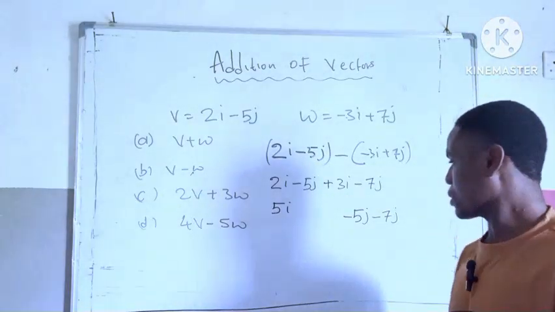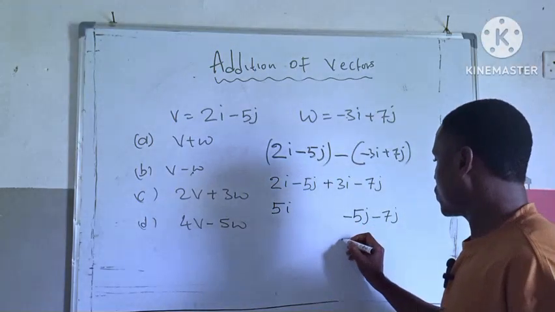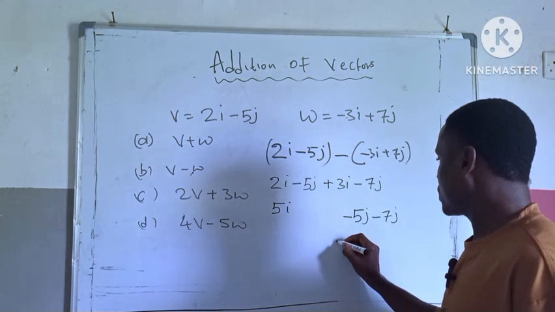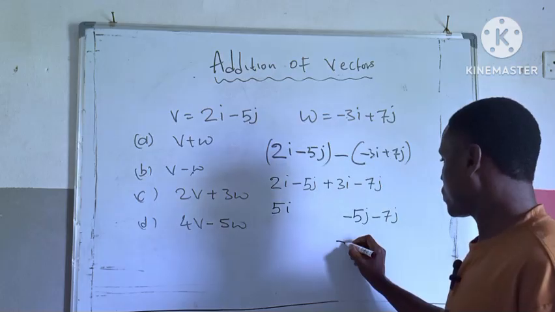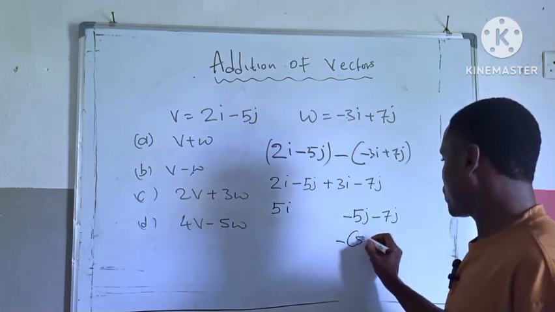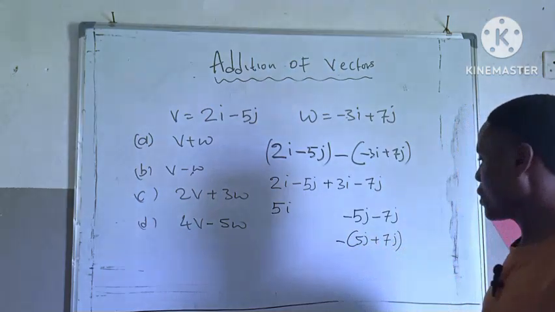Let me explain something. This pattern is still the same thing as this one, minus 5j plus 7j.